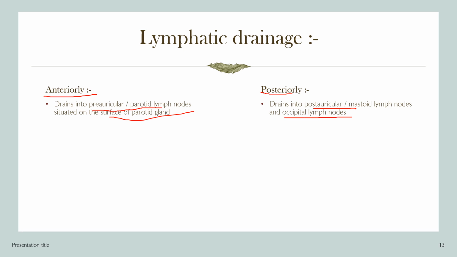So the lymphatic drainage is anterior and posterior. Anteriorly into preauricular or parotid lymph nodes, while posteriorly into postauricular or mastoid lymph nodes and occipital lymph nodes. So here we complete the lymphatic drainage also.